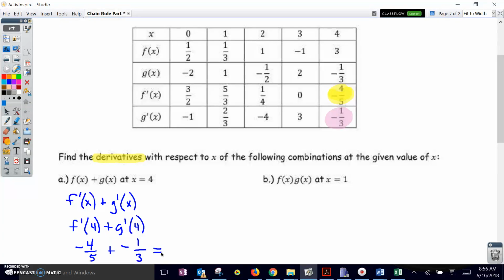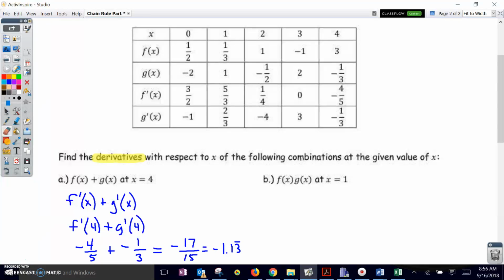Let's see, that's 15ths. It's negative 12/15 and negative 5/15 gives us negative 17/15. Or for those of you who like decimals, negative 1.13 with the 3 repeating. Alright, on to part B.